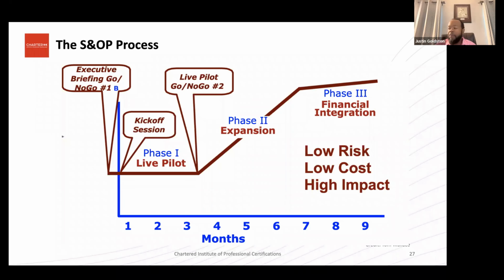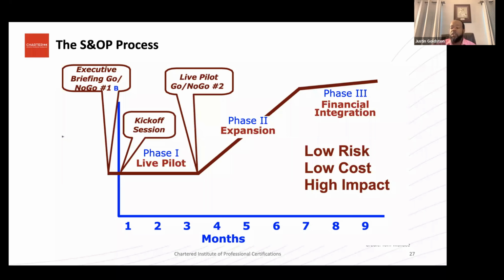So once you have a third party to assess your current state S&OP processes, or to assess your capabilities to implement S&OP, that's where you would have an executive briefing of go or no go, whether or not to move forward with the adoption of an S&OP process within your organization.